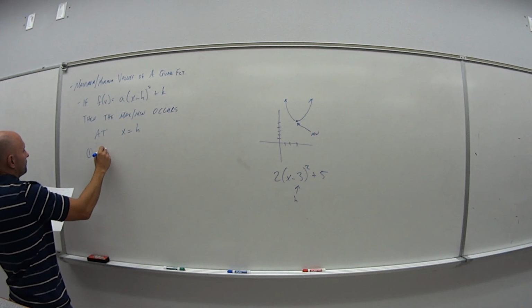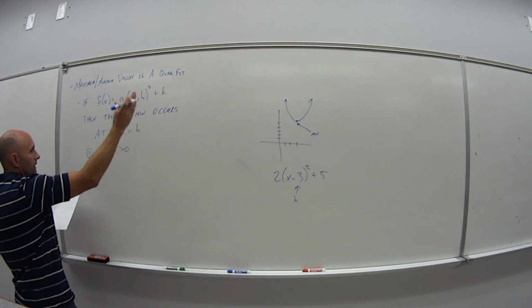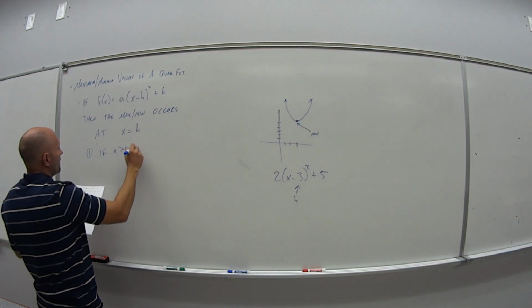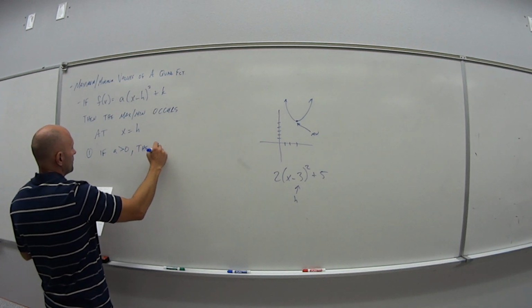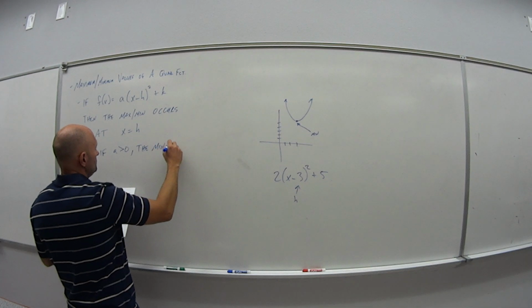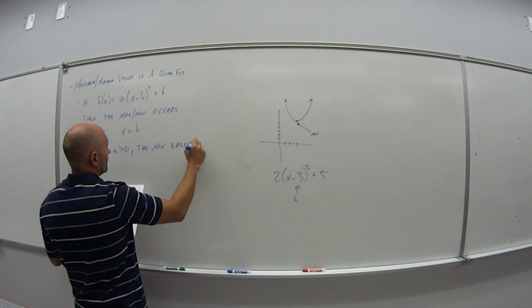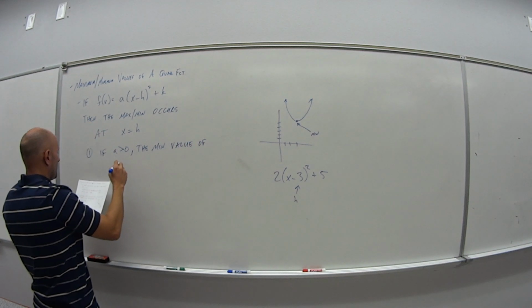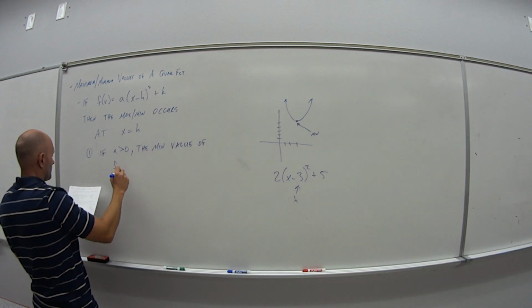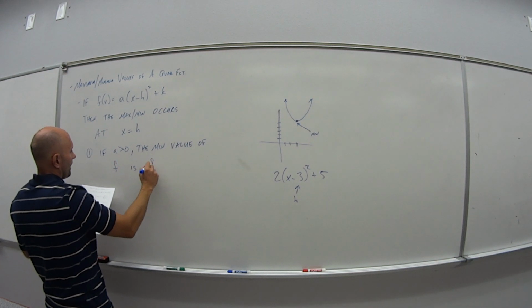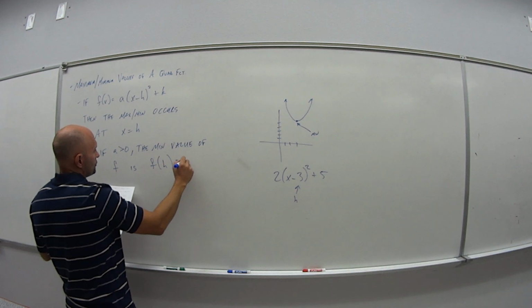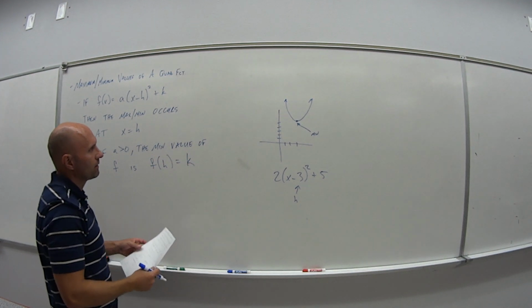And so if a is greater than 0, meaning that parabola is pointing upward, the minimum value of f is f of h, which is just equal to k.